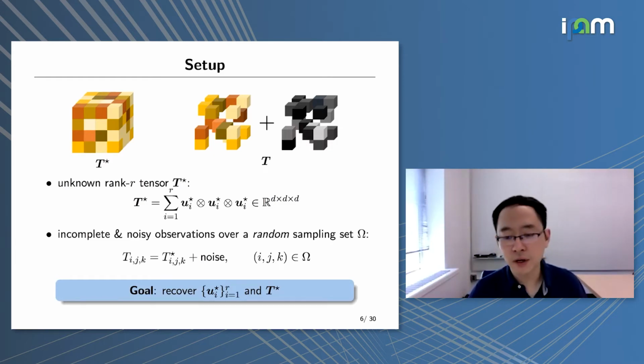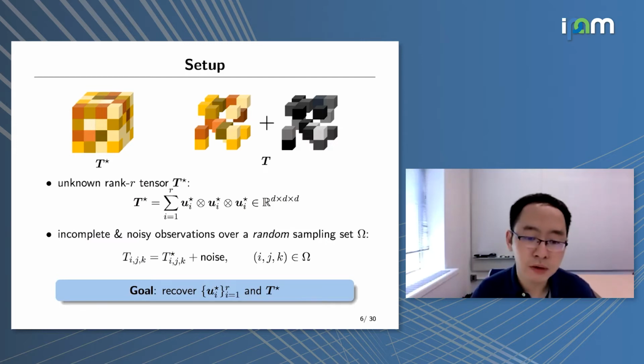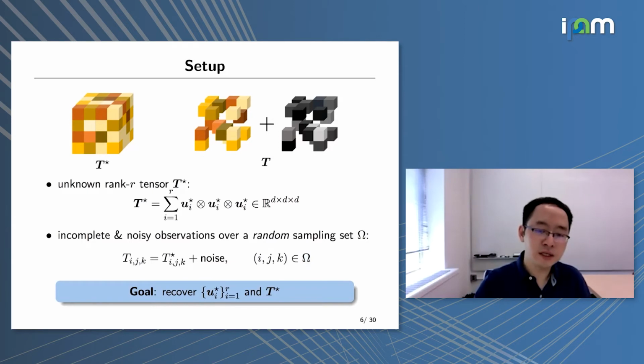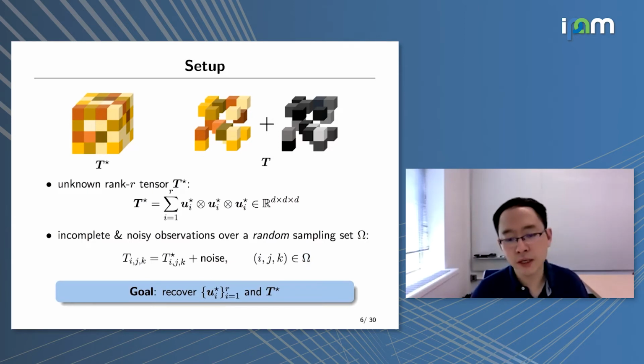Suppose I have a location set called omega, so that I'm able to take a measurement of an entry if the index of this entry lies within this index set omega. As I said, each entry that I observe is corrupted by some random noise. My goal is to find a way to recover both the unknown tensor T star and its low rank factors U_i stars. These are all the notations that I need.